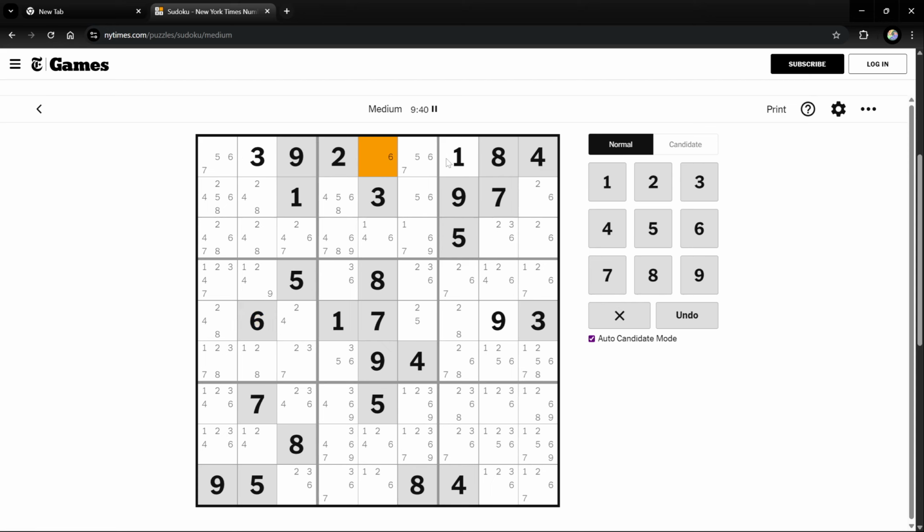And what that means is that because 1 and 6 can only be in these 2 squares, it will not be anywhere else in this line. So I can eliminate. Remember, we want to eliminate as many candidates as we can.